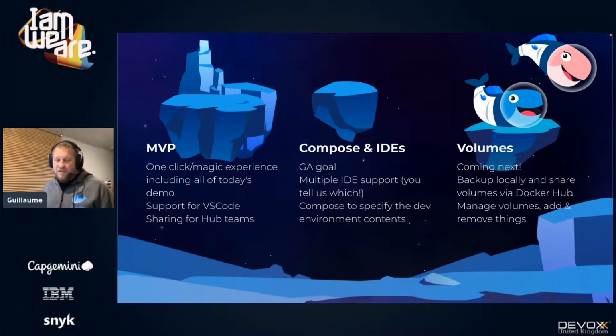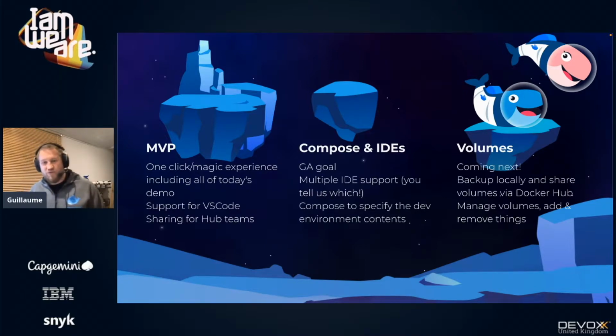We are currently working on JetBrains IDE integration. You can share what you have done with your team via Docker Hub. And what we expect to do in the next release for the GA is to have full and complete support of Compose, especially to use Compose as a main file format to specify a dev environment.